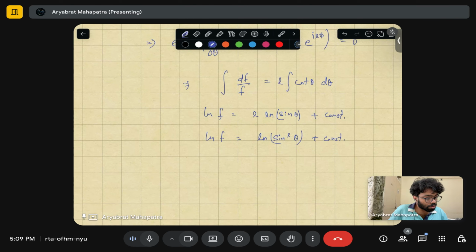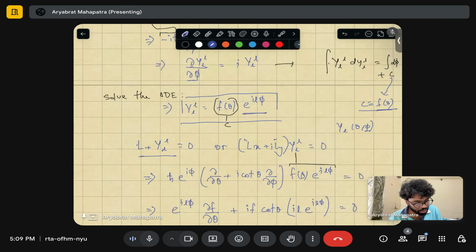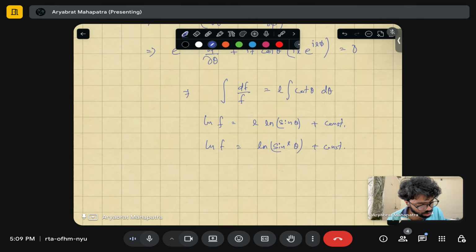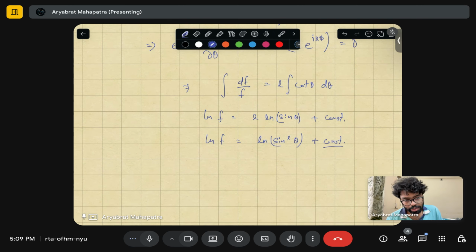At this point you need not use that constant as f of phi or anything else, because f of phi you already found, that is e to the power i alpha. But now you are solving with respect to theta, so you don't have any other unknown constant. It has to be some constant independent of theta and phi.